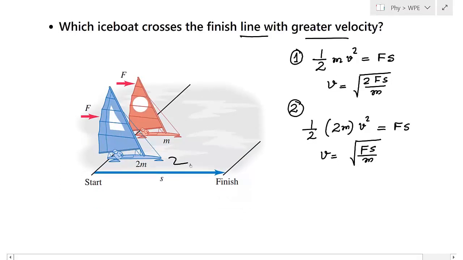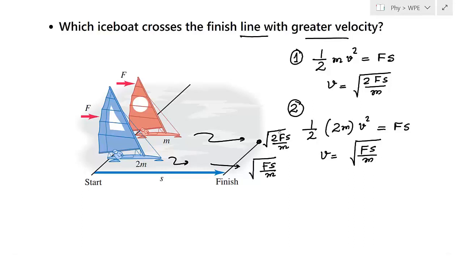So this mass, that is 2m, will reach here with a velocity of the square root of Fs by m, and this mass will reach here with a velocity of the square root of 2Fs by m. So you see, ice boat number 1 will have a higher velocity compared to the mass of 2m, that is ice boat number 2.